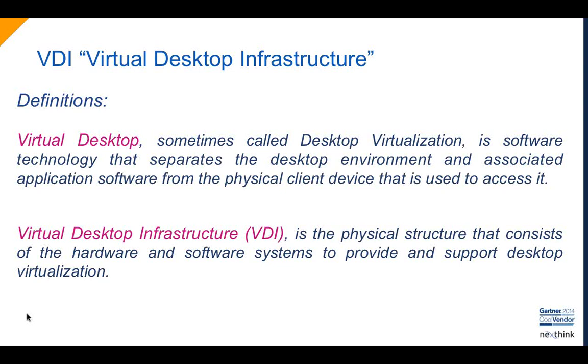Virtual desktop infrastructure, that is the VDI, is the physical structure that consists of hardware and software systems to provide and support desktop virtualization. So the VDI is the means here to reach the virtualization.